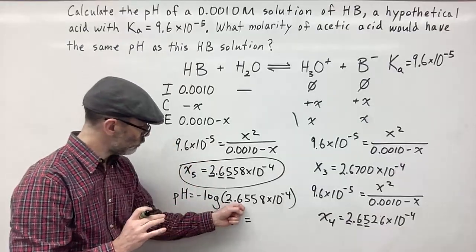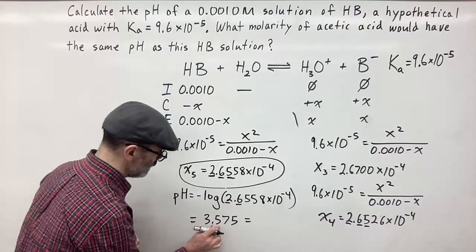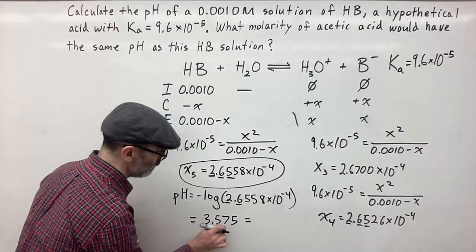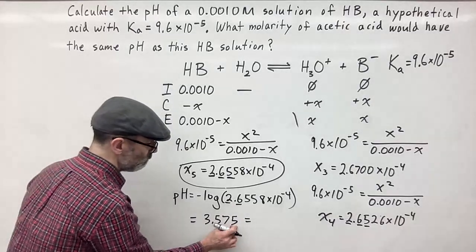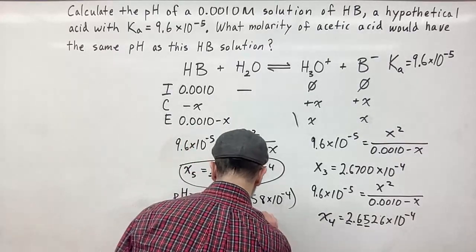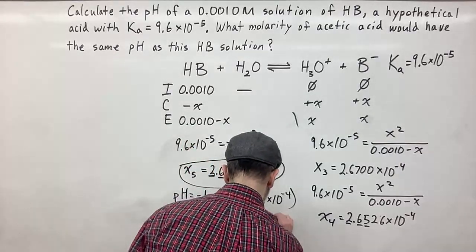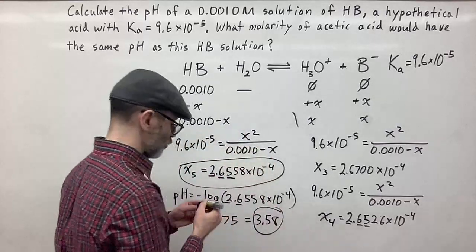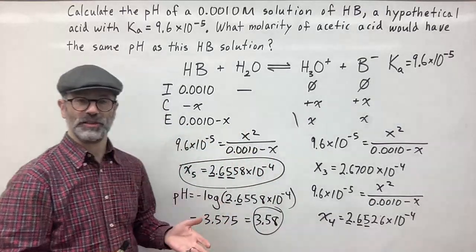So since I have 2 sig figs here, that translates into 2 decimal places here. So I have to keep 2 decimal places. So the 5 is dropped, the 7 is rounded to 8. So I get 3.58 for the pH.